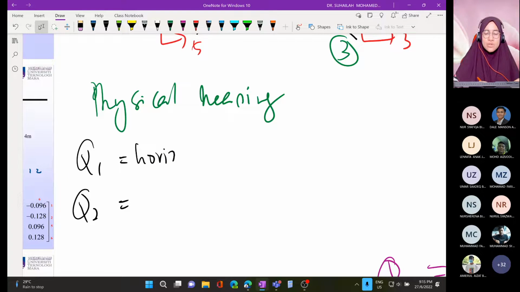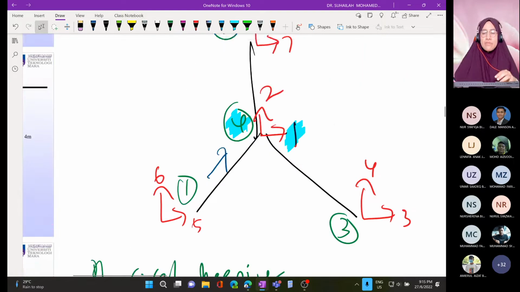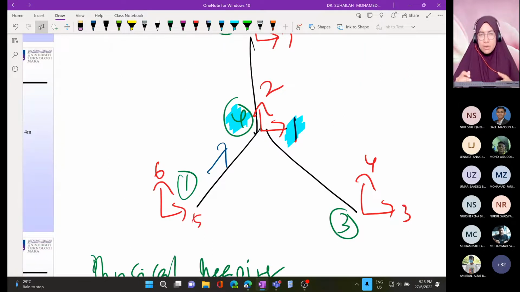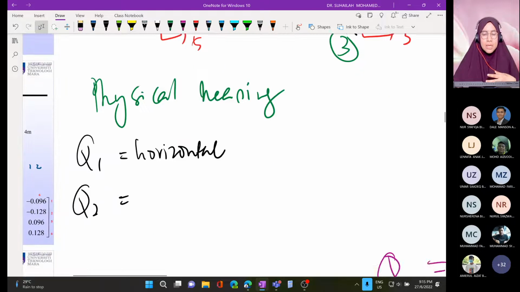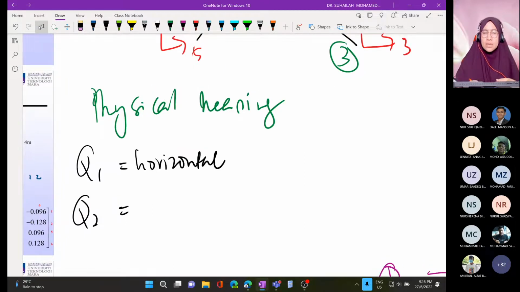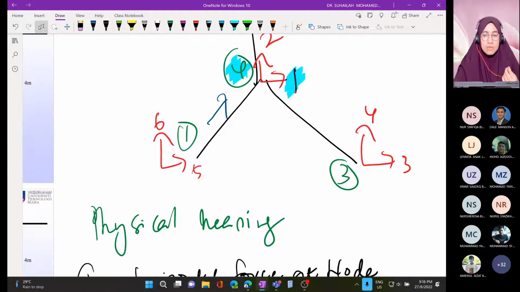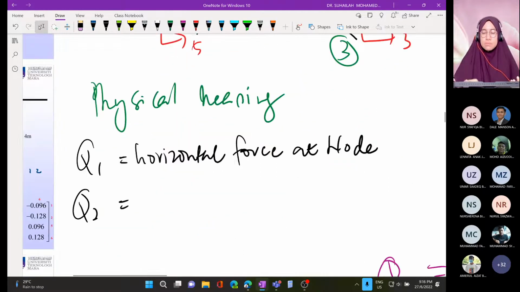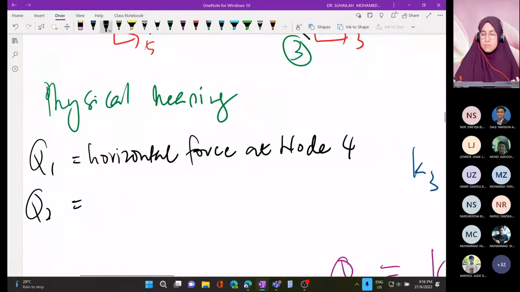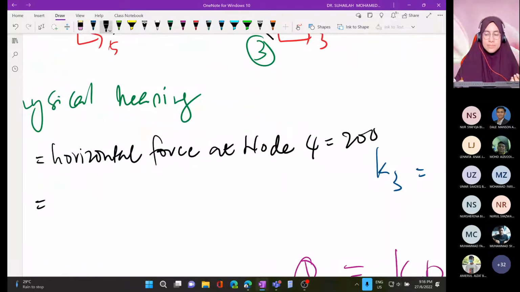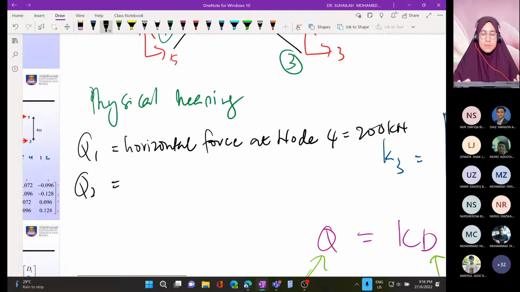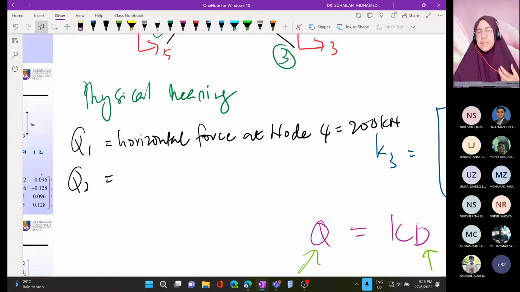It is horizontal, because position 1 refers to the horizontal direction, the horizontal component. It is Q, so it is a horizontal force at node 4, and the value is 200.